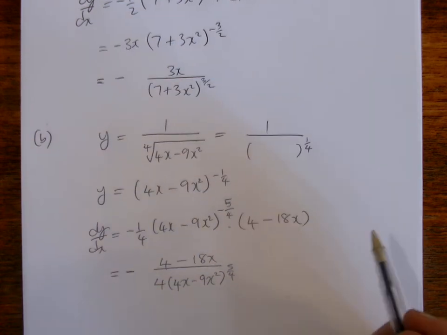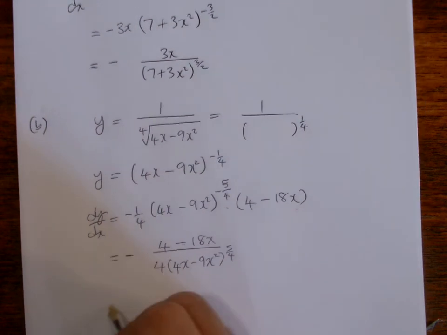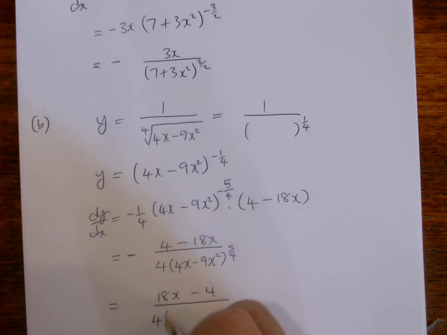One other thing we could do then, to fully simplify it, that minus, we could take the minus through the top there. So we could minus the 4 and then minus the 18x. So that minus can disappear, minus 4, but minus then 18x becomes plus 18x. So you get 18x take away 4, over that there.